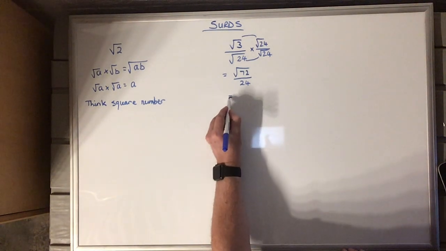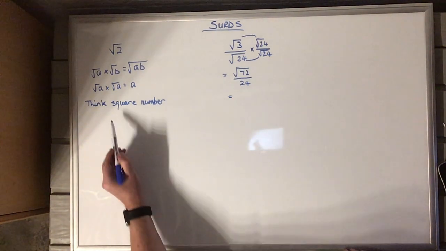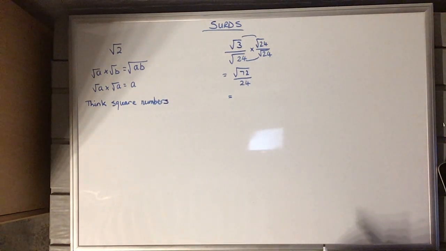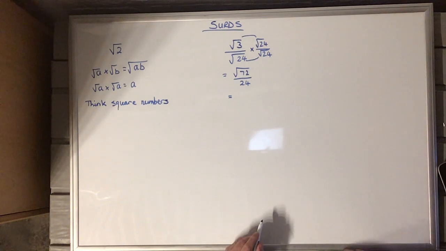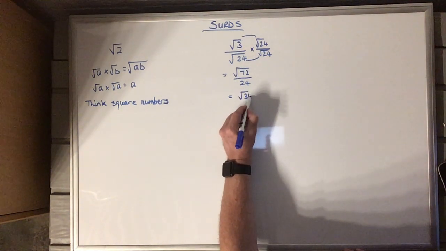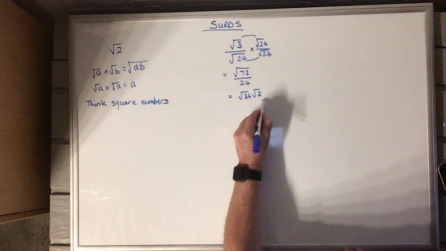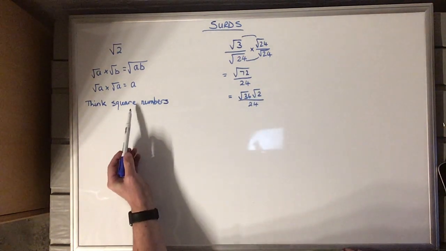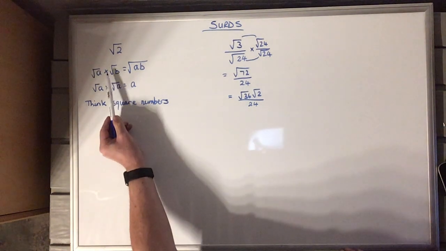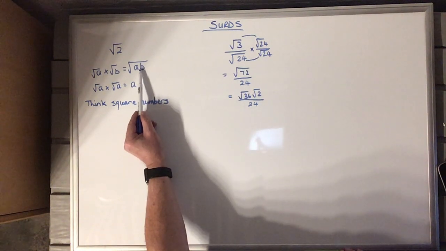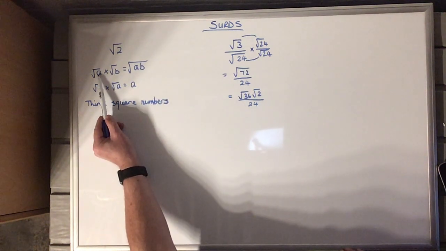Now, next step is think square numbers. What's a high square number that goes into 72? Well, you have to know your square numbers, 1, 4, 9, etc. Well, that'll be 36. Square root of 36, root 2 over 24. Now, we're thinking square numbers here, but we're also using this rule here, but in reverse. There's root 72, that's the same as root 36 times root 2.